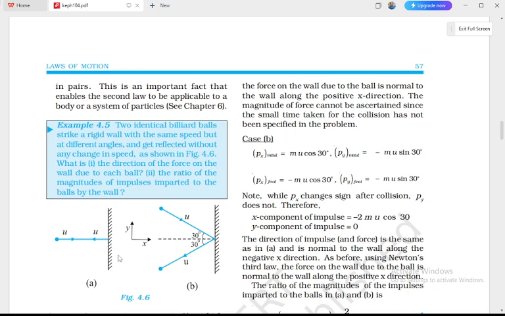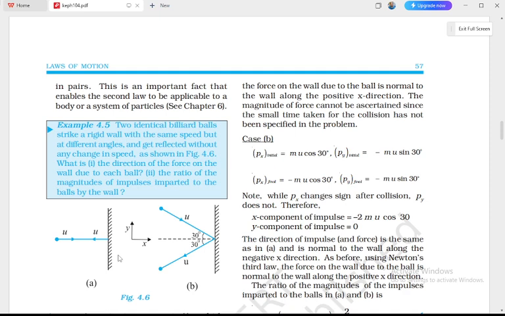In case B, Px initial is m u cos 30 and Py initial is minus m u sin 30, right? And Px final is minus m u cos 30 and Py final is minus m u sin 30, right?